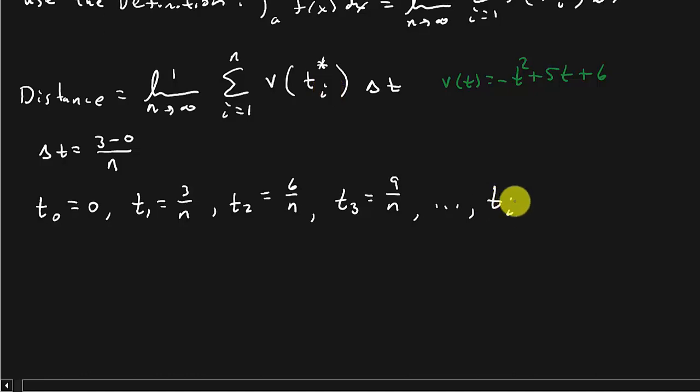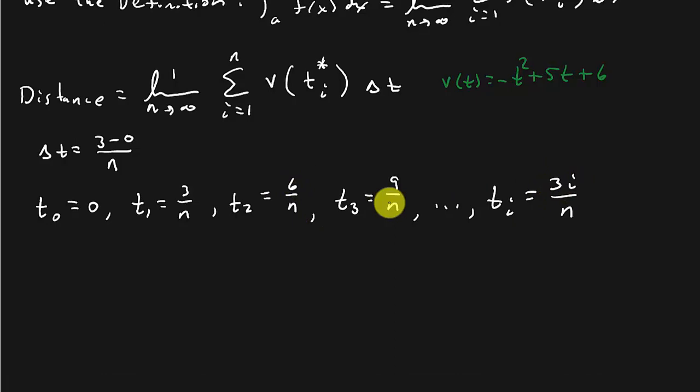Well, that would be 3 times i over n. See, I can use this formula. So when i is 1, 3 times 1 is 3 over n. When i is 2, 3 times 2 is 6 over n, and so on. All right?